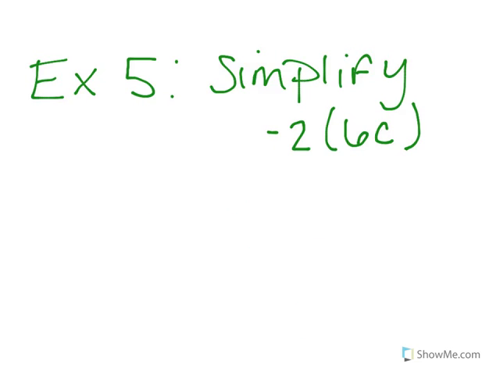My next example is to simplify -2 times 6c. All I need to do here is use the distributive property that we learned about in the last chapter. We take the -2 and multiply it just by the items inside. So -2 times 6, and then I'm going to add the c at the end.